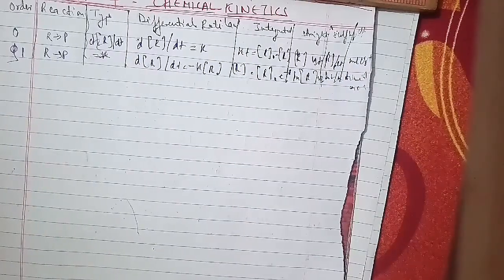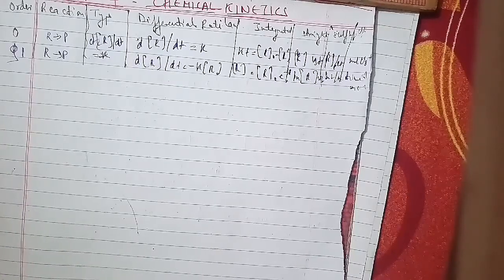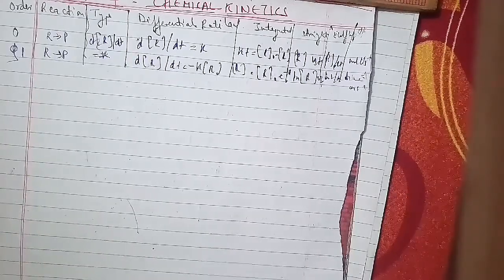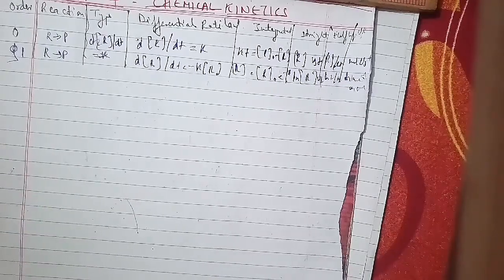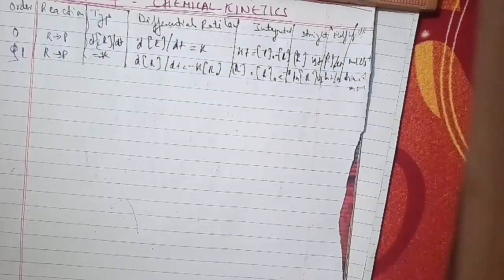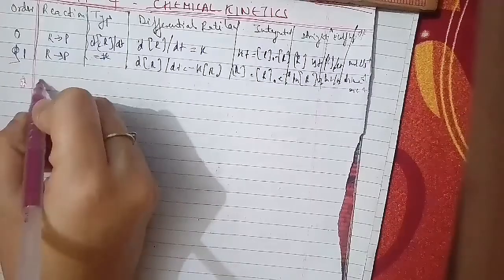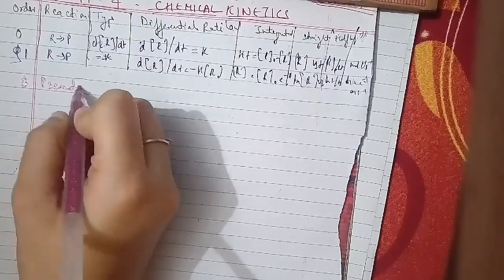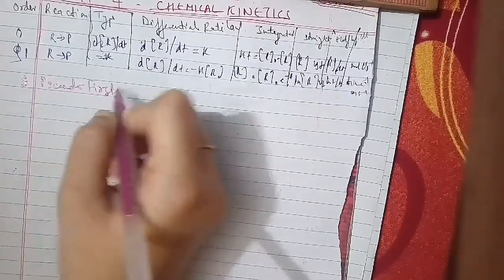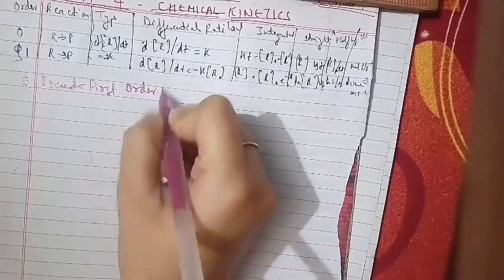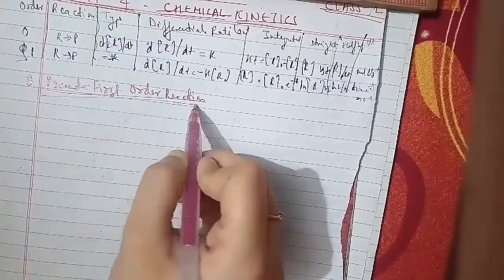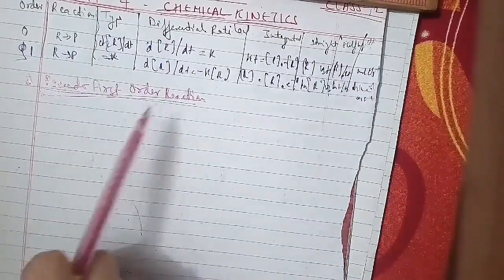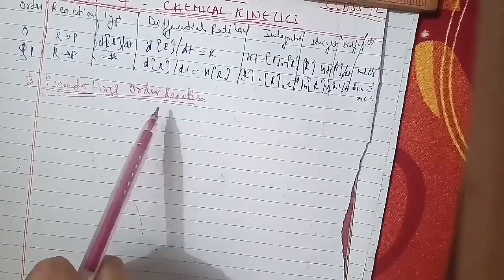Now we'll go ahead further to another heading, which as I told you is the pseudo first order reaction. In this, the order of the reaction is sometimes altered by the condition.